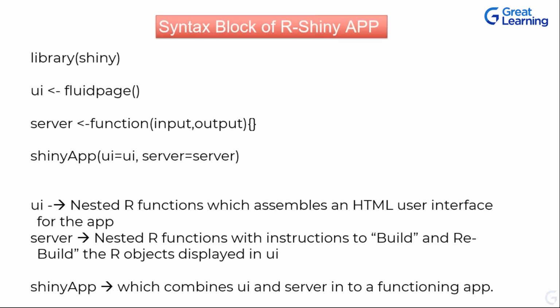Okay, so there are two blocks which you need to write. Shiny app combines the UI and server into a functioning app. So if I am using an R console, which means I'm not using RStudio, I can just say shinyApp(ui = ui, server = server). Okay, and this app will run.